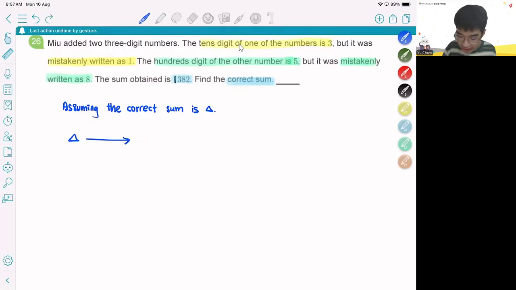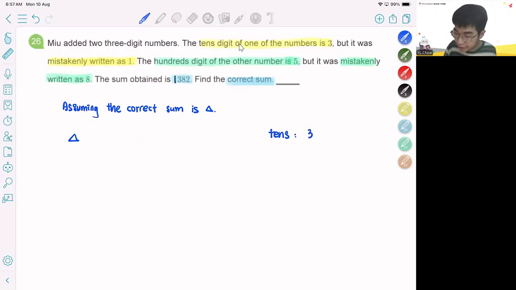In the first mistake, the tens digit was originally 3, but it was seen as 1. How does this affect the value? Okay, so if the tens digit is originally 3, then it originally carries a value of 30, but it becomes 1. So the value changes to 10, which means the value increases or decreases.